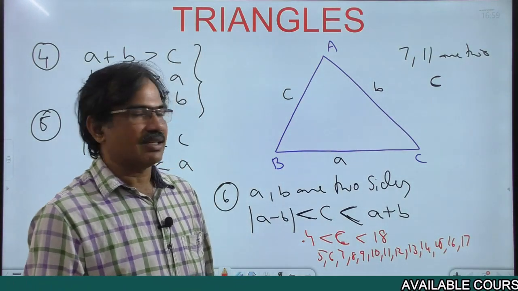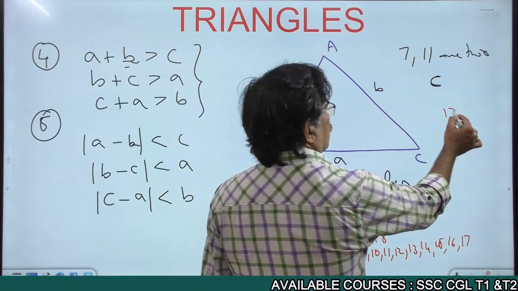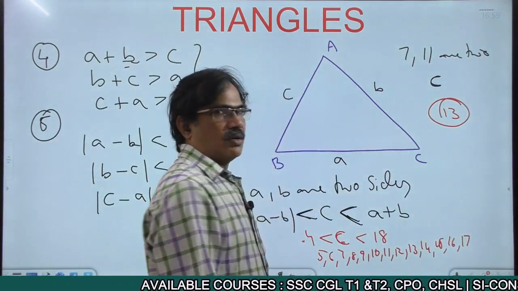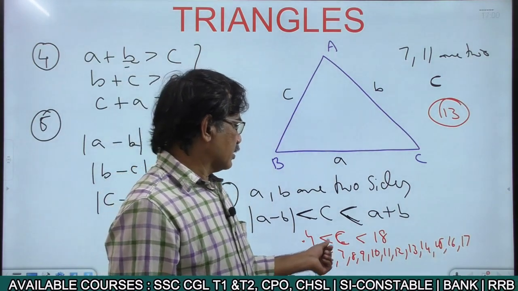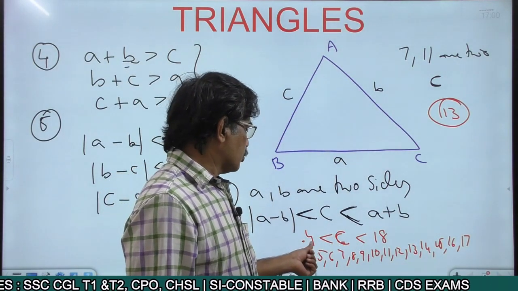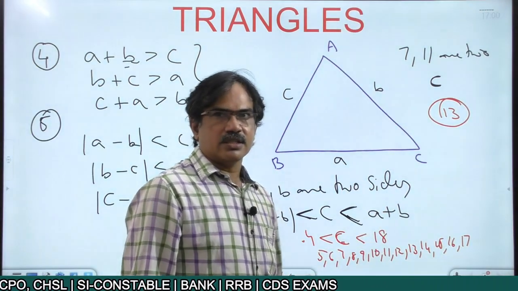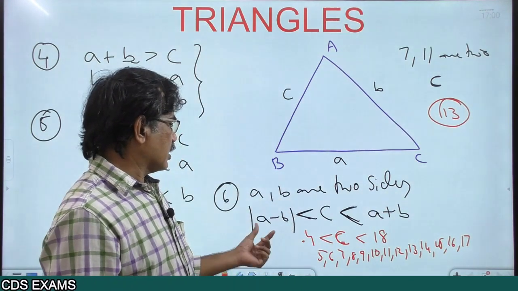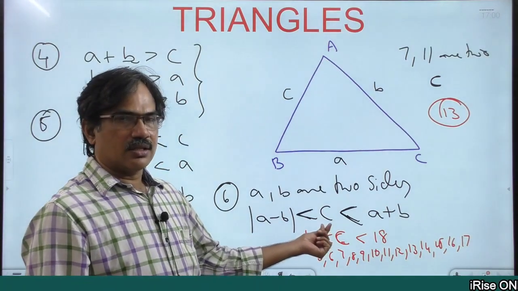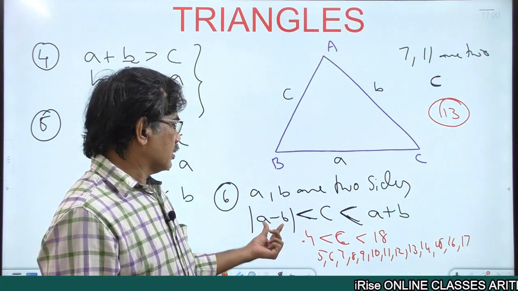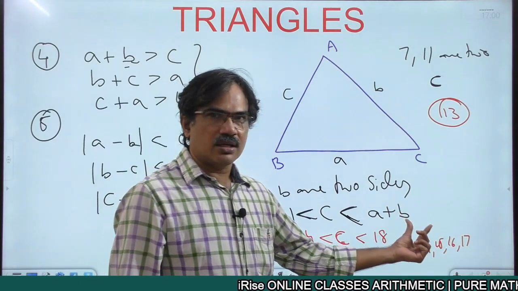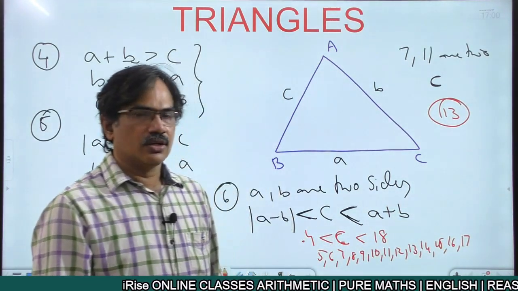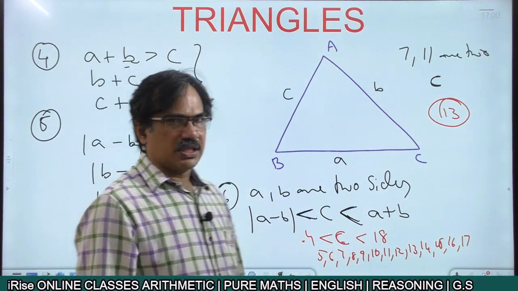We get 13 triangles that can be formed by taking the integers between 4 and 18. So if A, B are two sides of a triangle, then the third side always lies between A minus B and A plus B. Okay, this is point number 6.